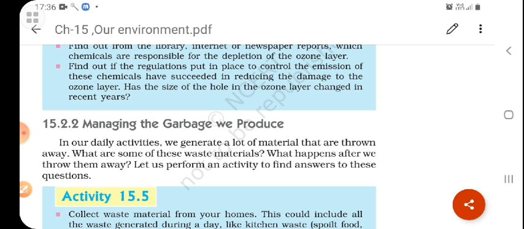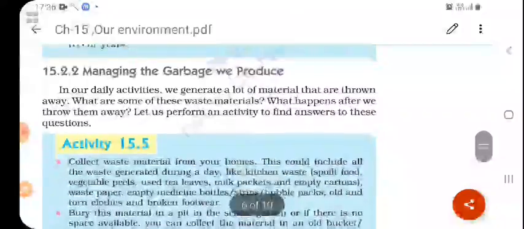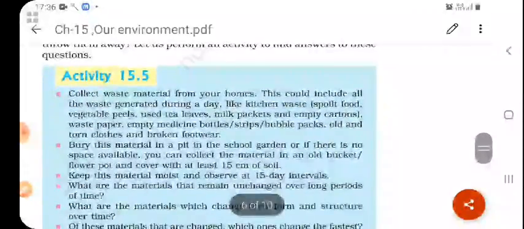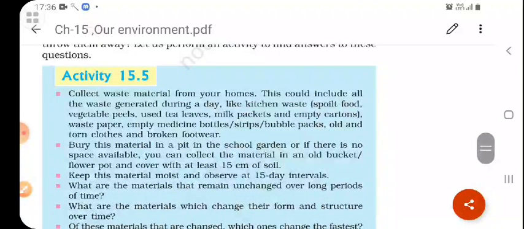Improved lifestyle sometimes also changes the attitude of individuals. And changes in packaging: most packaging materials used nowadays are non-biodegradable, leading to hazardous garbage generation.